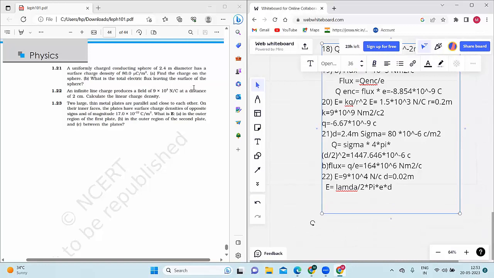So by using this formula, we know the value of E, the value of epsilon naught 8.825 into 10 power minus 12, and the distance r. So we can find the value of lambda, the linear charge density.